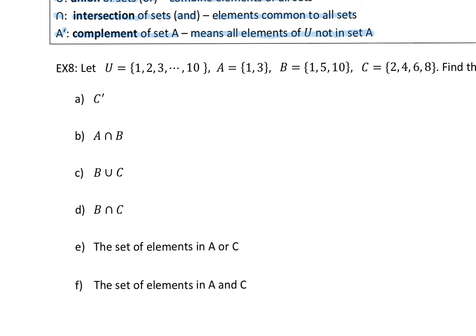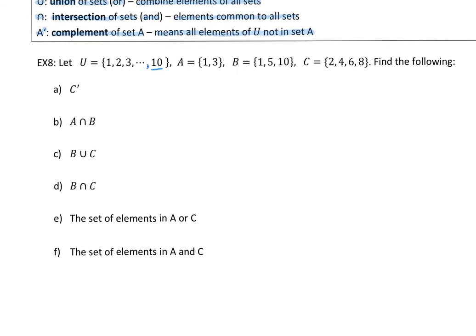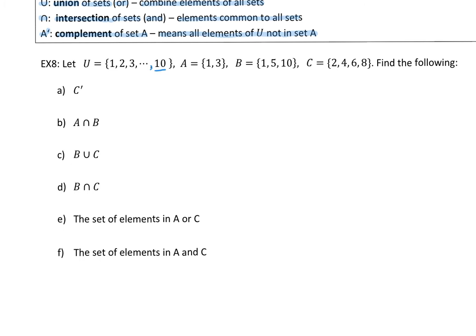Since it's not going on forever, we do another comma after the 3 dots and put in the last element. So this is the set 1, 2, 3 through 10. I could have just as easily listed 1, 2, 3, 4, 5, 6, 7, 8, 9, 10, but I wanted to show you another use for the 3 dots. That's our universal set.